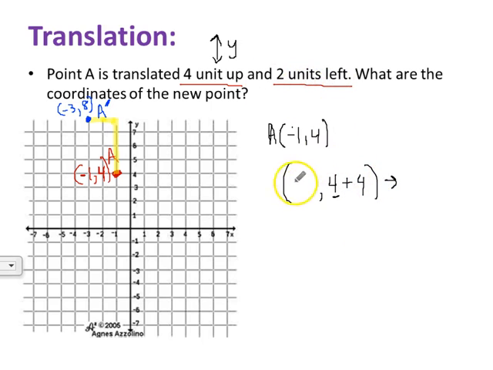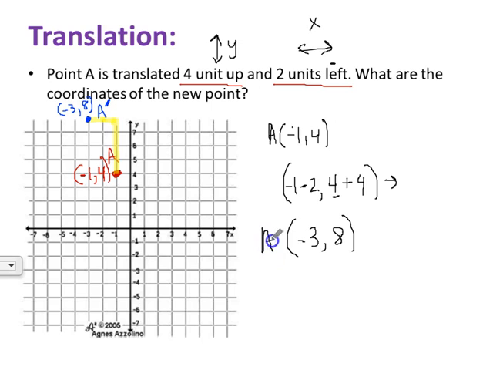And then 2 units left, well, I started at -1, left. Our x coordinate always deals with left or right. Left would mean we're moving -2. Add those together. -1 minus 2 is -3. 4 plus 4 is 8.